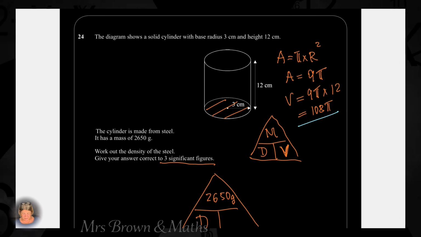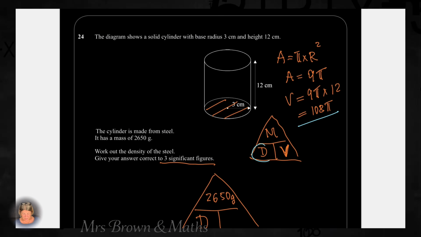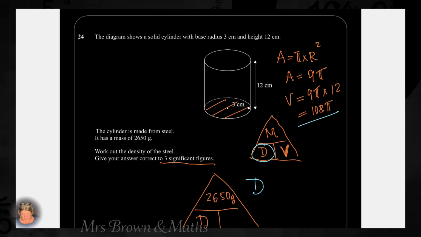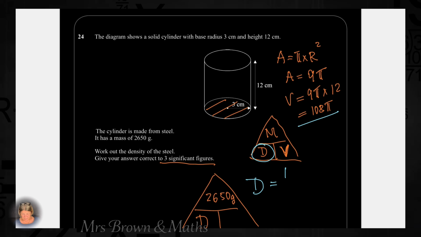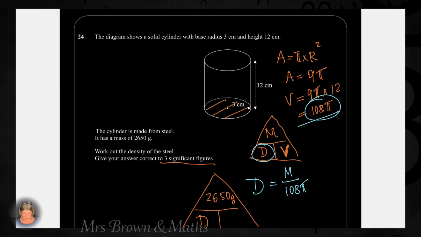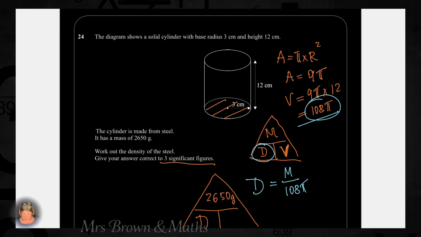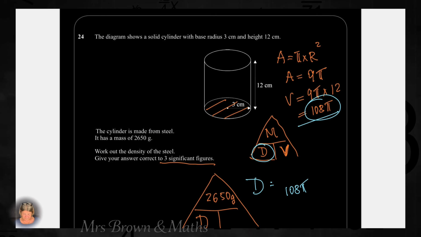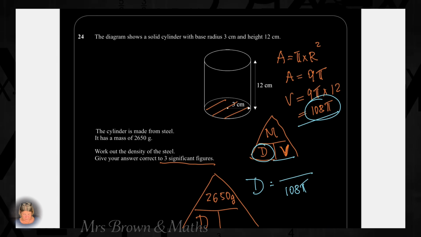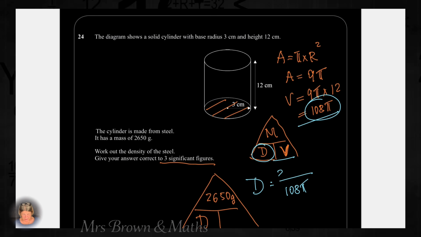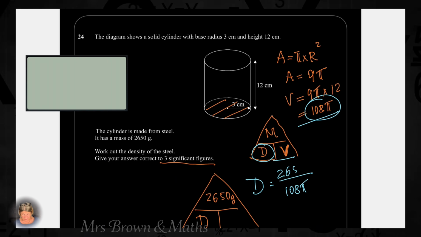How to work out density? Mass divide by volume, and we know volume is 108 pi, and mass is, we were given this, 2,650 grams.